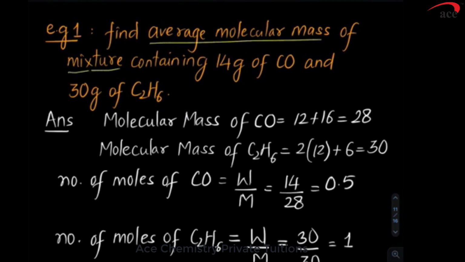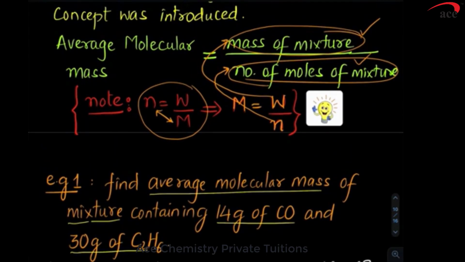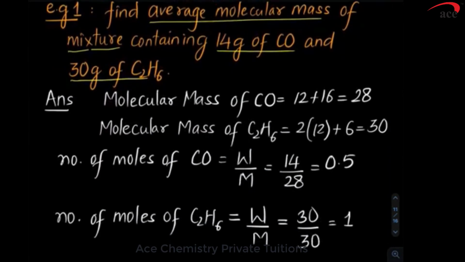Find the average molecular mass of a mixture containing 14 gram of carbon monoxide and 30 gram of ethane. We know the formula involves the mass of the mixture and the moles of the mixture. So what is the first task that we do? We find out the moles of carbon monoxide.